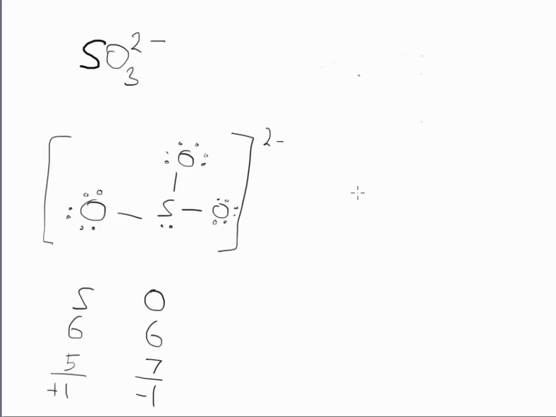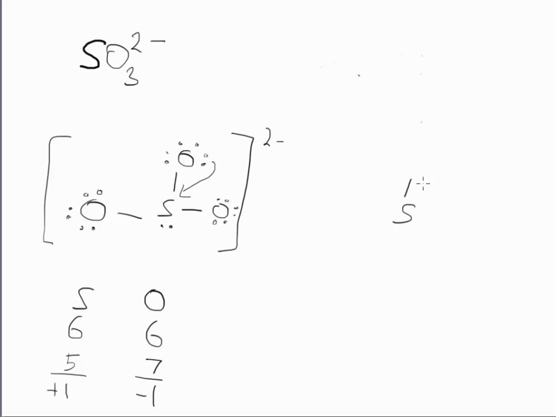So the question is, can we actually find a better Lewis structure for the sulfite ion? Well, we might be able to get a better structure if we can change the formal charge of sulfur. So as we did in class, let's go ahead and change the formal charge of sulfur by making a double bond here. We're going to use these 2 electrons from the oxygen, and we're going to end up with a Lewis structure that looks like this.